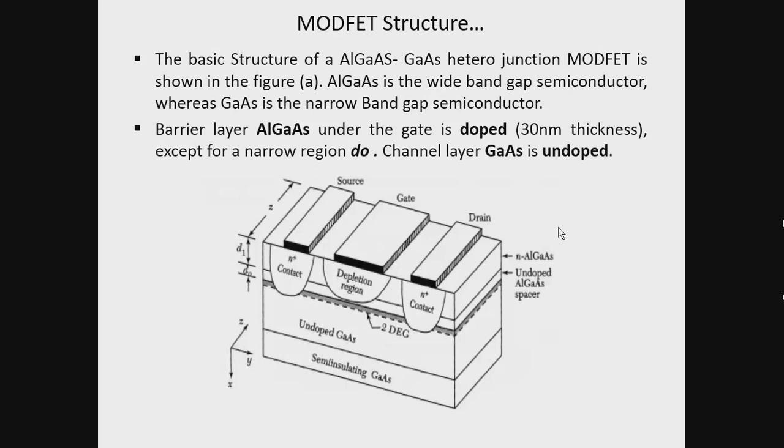Here in the figure we have an aluminum gallium arsenide heterojunction Modfet. Here, the aluminum gallium arsenide is the wide band gap semiconductor, whereas the gallium arsenide is the narrow band gap semiconductor.